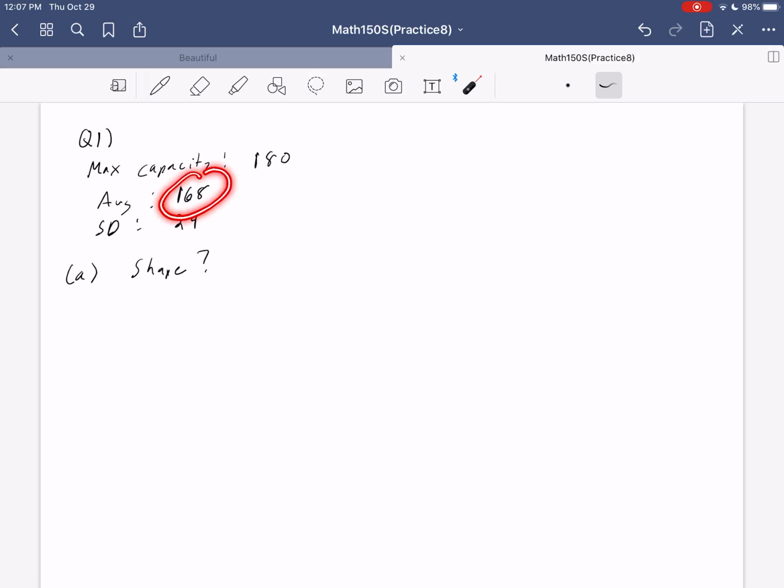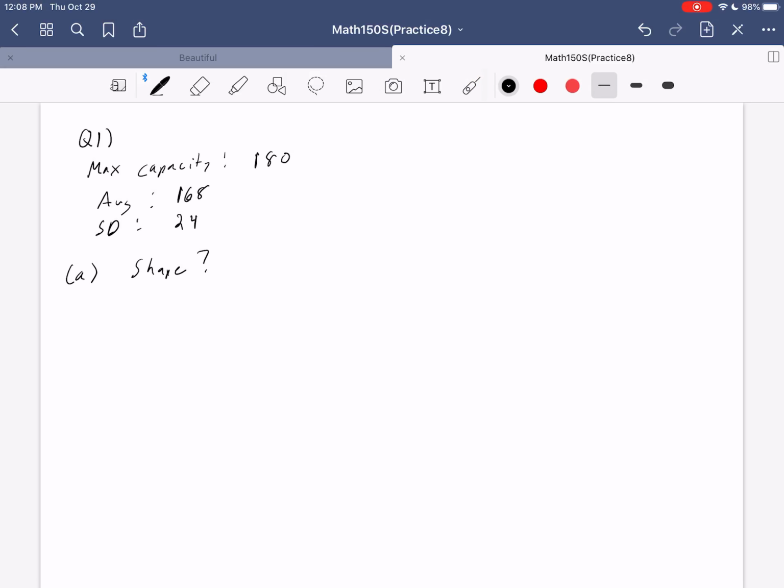This average, 168, is pretty close to that maximum. And we can probably reasonably assume that a lot of the flights are near the average. Now, it's not a hard and fast rule in statistics that there need to be lots of individuals near the average, but generally you should have a good amount of your population near the average value. That's what makes it the average.